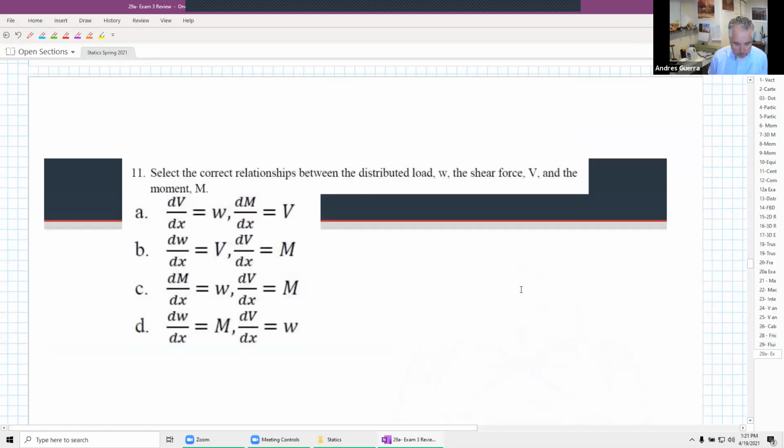Okay, number 11 is asking the correct relationship between the distributed load, the shear force, and the moment.